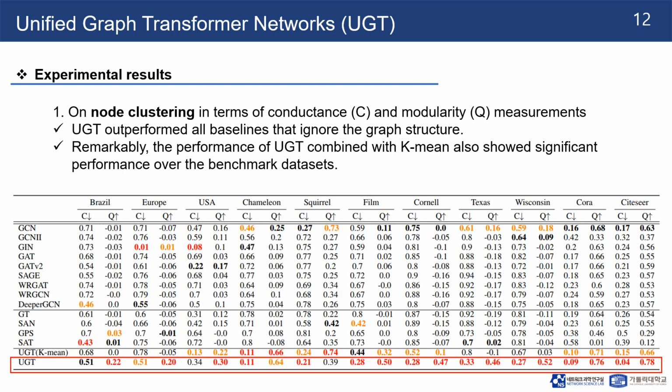On node clustering, in terms of the conductance and modularity measurements, our model outperforms all the baselines that ignore the graph structures. And interestingly, our model combined with K-means also shows significant performance over the benchmark datasets.